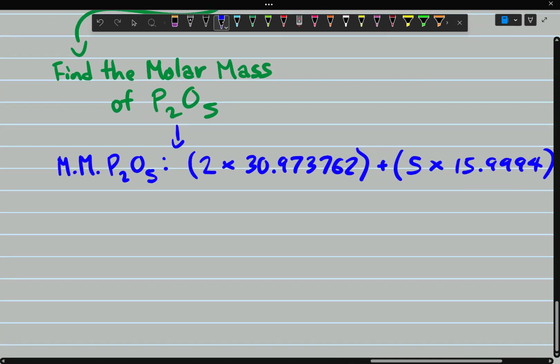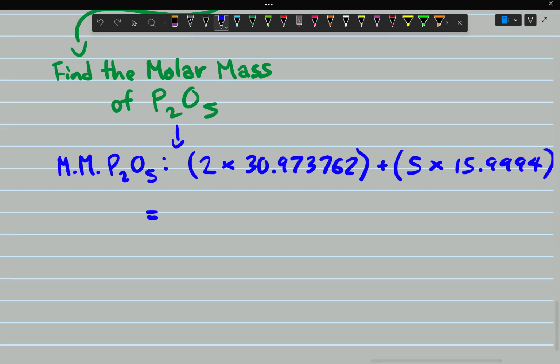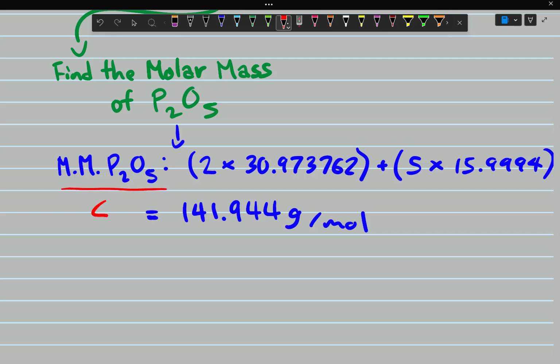Plug that into your calculator and we get that the molar mass of this empirical formula, P2O5, is equal to 141.944 grams per mole. So that is the molar mass of P2O5.